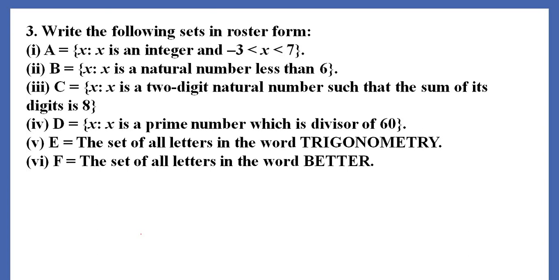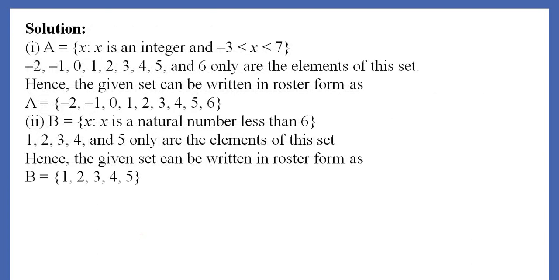And which integers lie between -3 and 7? The integers lying between -3 and 7 are -2, -1, 0, 1, 2, 3, 4, 5 and 6. We can't take 7 because the less than sign is there. So these are the elements of this set.